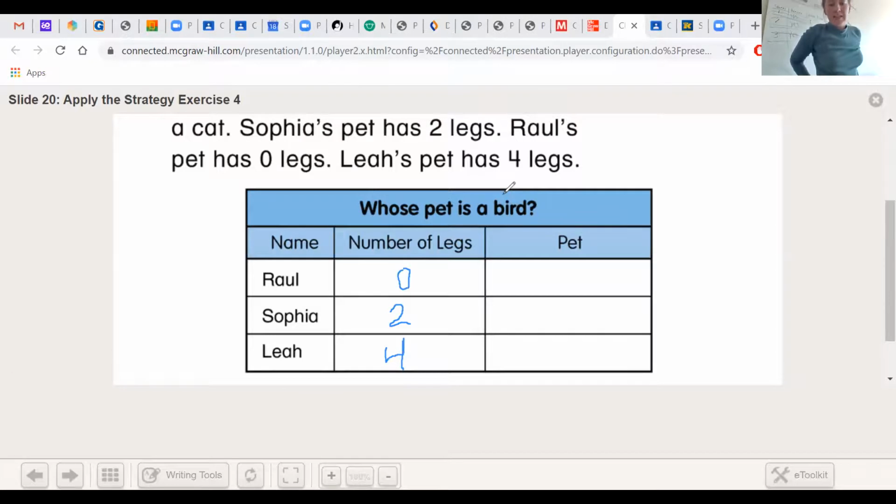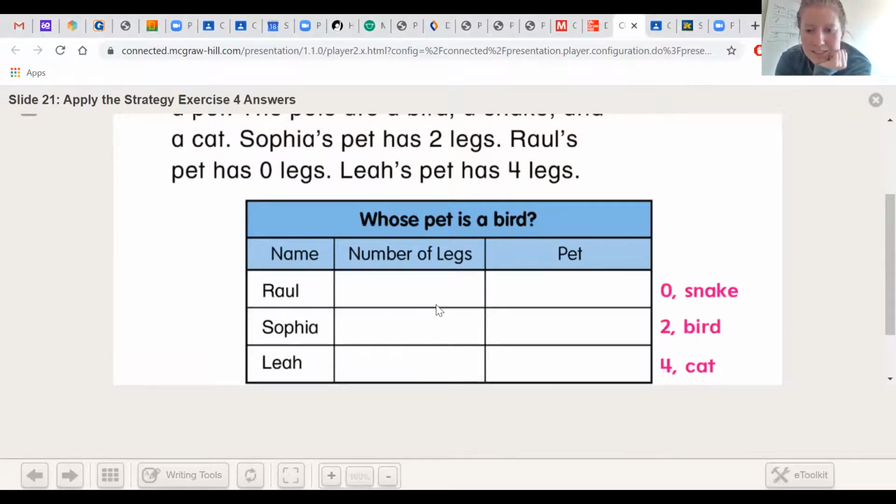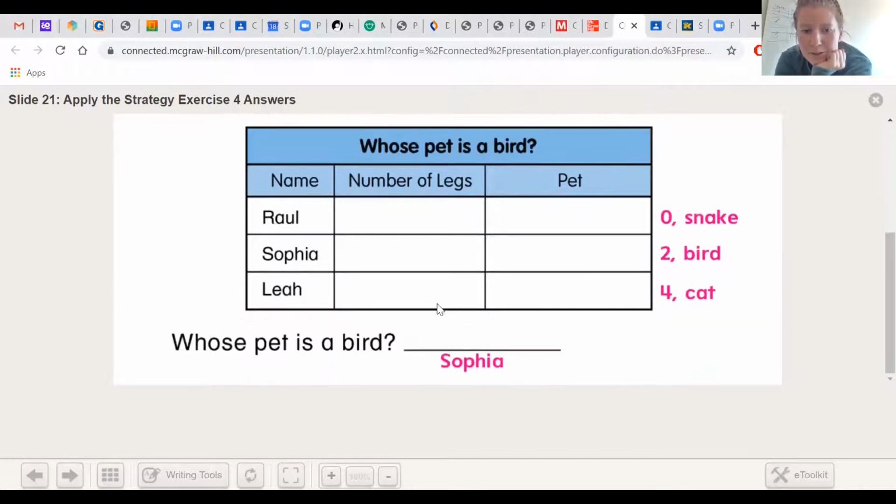Write the name of the pet in each box. Got it. There's the answers. Whose pet is a bird? Sophia's. Good, check your answers with mine.